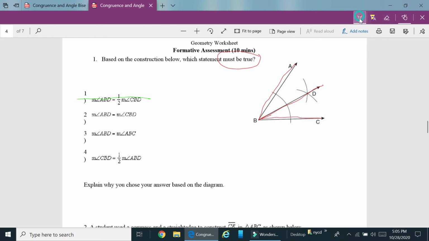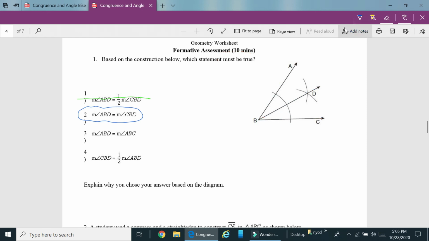I'll use a different color, I keep forgetting. Use blue. CBD. So is this angle equal to that angle? Yeah. I'm leaning with choice 2, but I'm going to look at the others just in case I mess up somewhere.